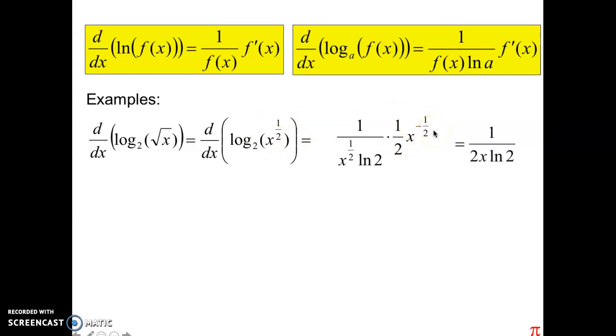And again, simplifying a little bit, putting my variables together here, doing a little bit of algebra. Remember, x to the 1/2 is actually going down to the denominator, becoming x to the positive 1/2, and x to the positive 1/2 times x to the positive 1/2 would be x to the first, and then the 2 would be brought out to the front. So this would be my simplified version of this example.